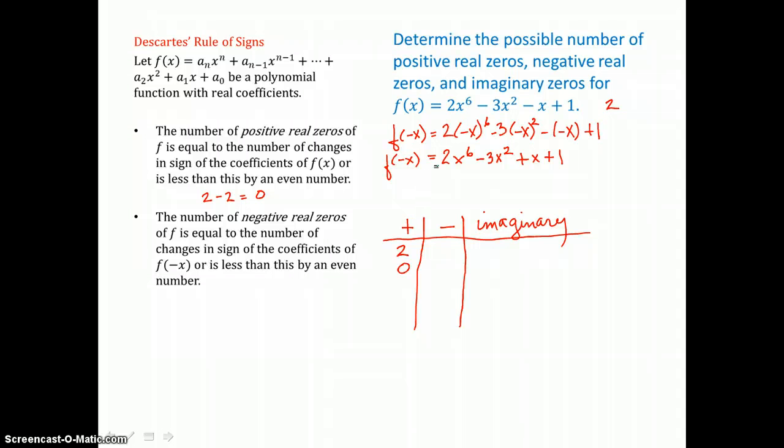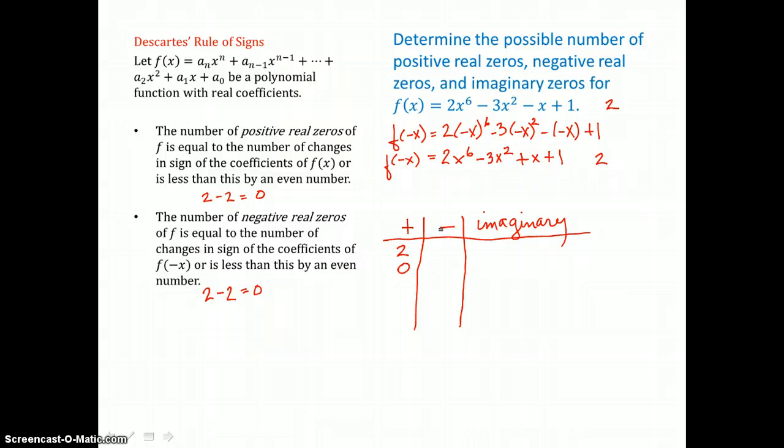So the changes in sign in this function starts out positive, next term is negative, and back to positive. So it looks like 2 changes again, from positive to negative and back to positive. 2 changes, which means there's 2 negative real zeros or less than that by an even number, 2 again.